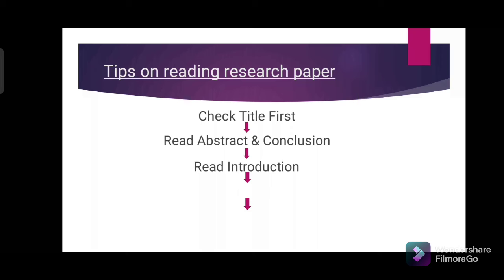If you find it useful in your research work, then read the introduction. The introduction will give you a summary of the research in that particular field before and what they are doing right now. Then read the results and discussion in detail, and finally read the materials and the references they have prepared. So these are the tips.